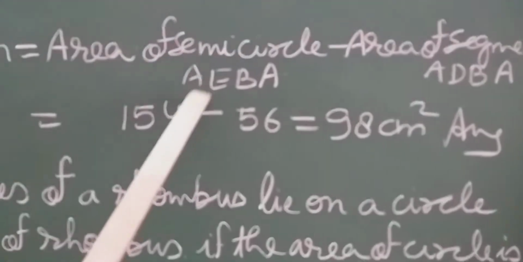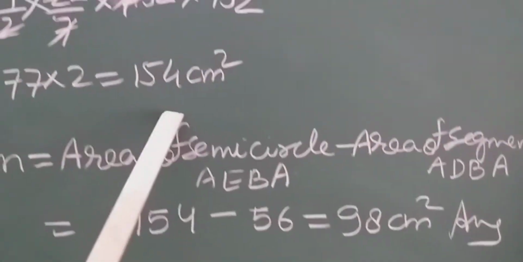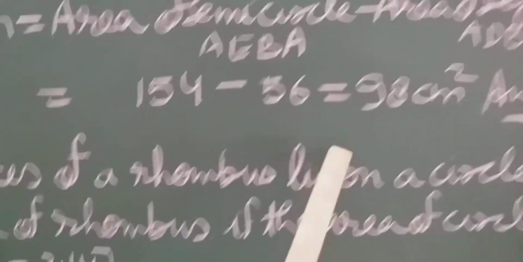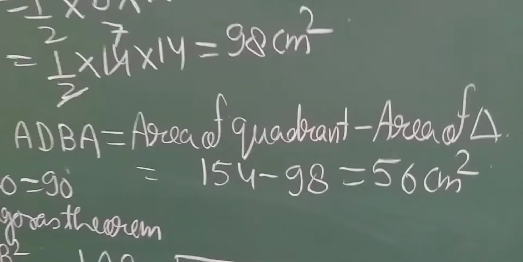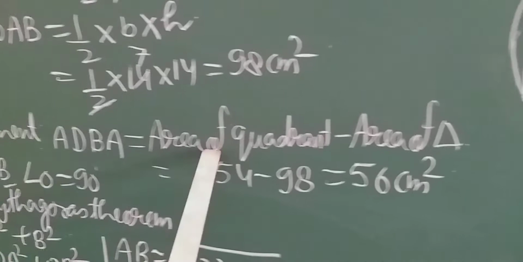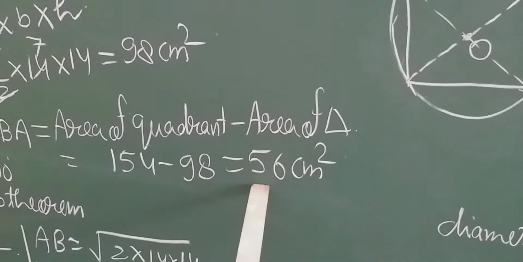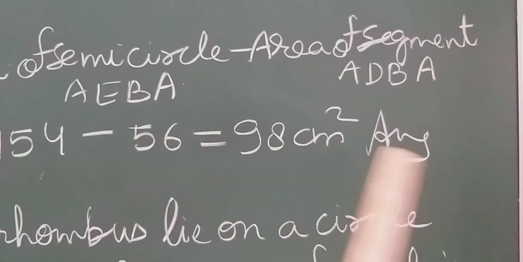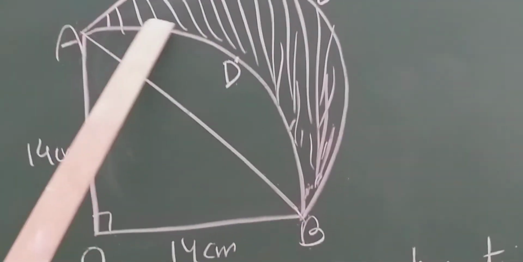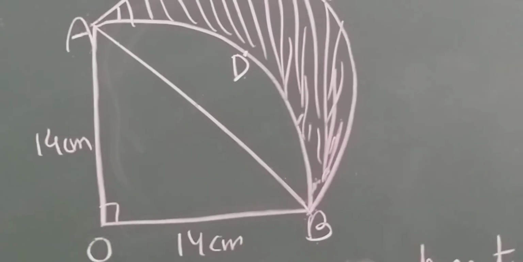Area of semicircle 154 calculated here, and area of segment ADBA is 56 centimeter square. So 154 minus 56 means 98 centimeter square. So the area of shaded region equals 98 centimeter square.